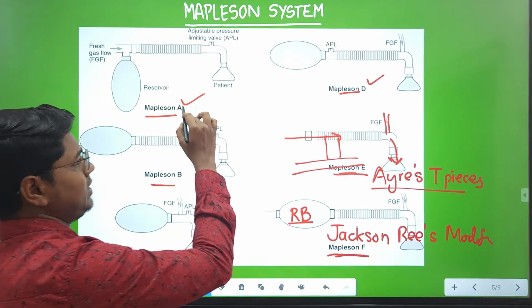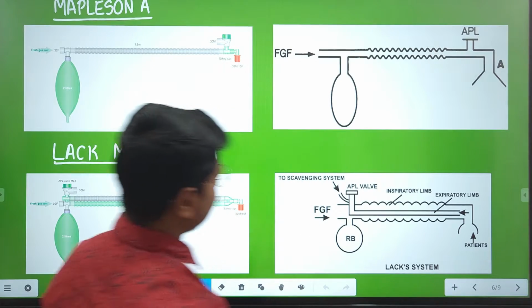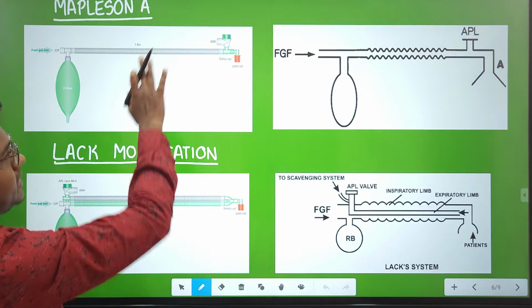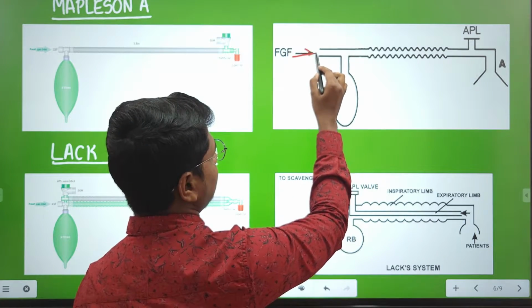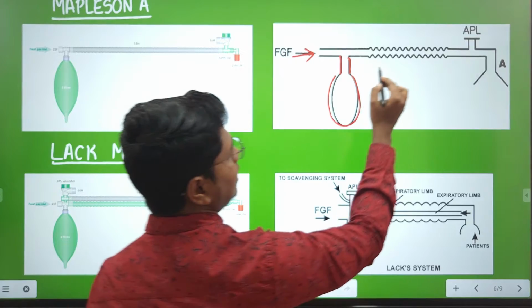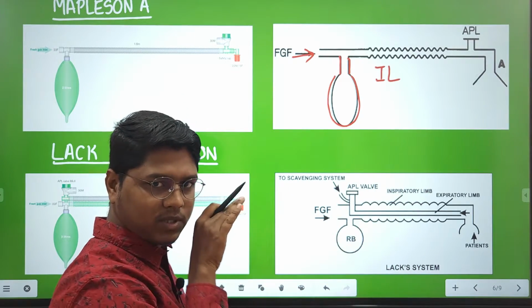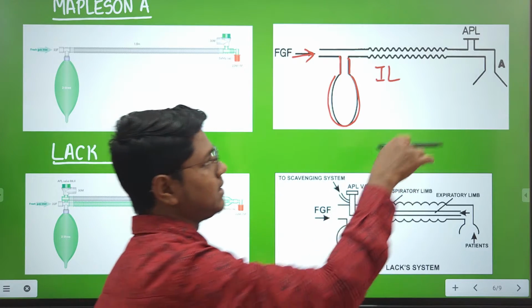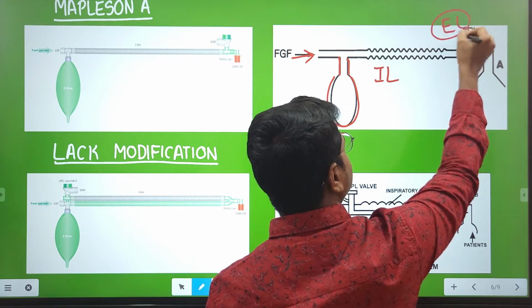So now we will study the Mapleson A and the Mapleson D. The Mapleson A. So the pictorial presentation, here the fresh gas flow will go. This is the reservoir bag. You see, this is inspiration line. The gas is going to the patient. There isn't any expiratory line in the original configuration.